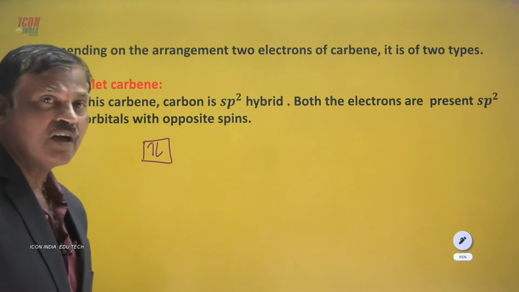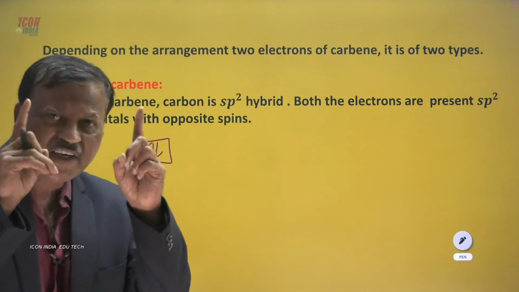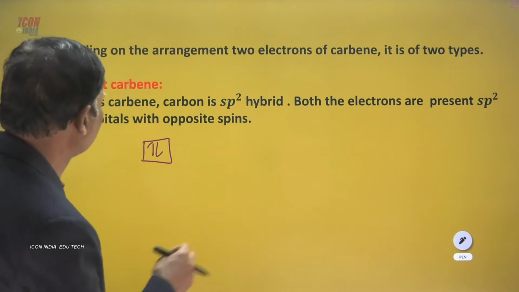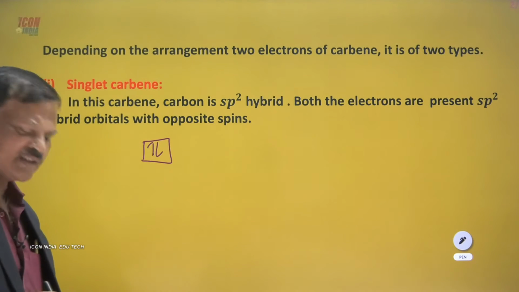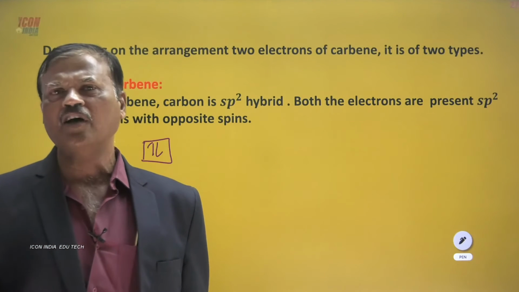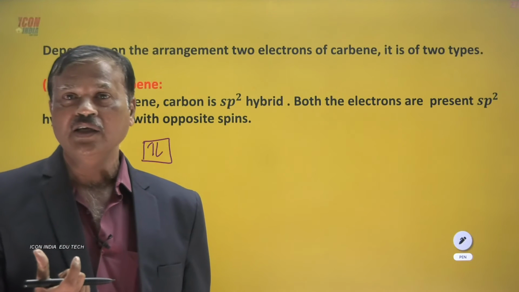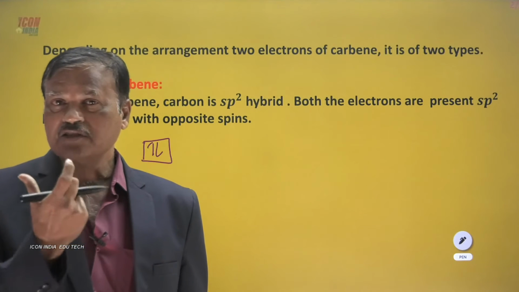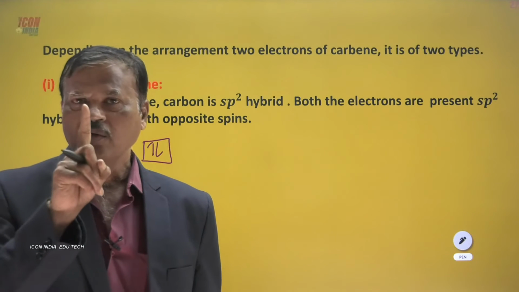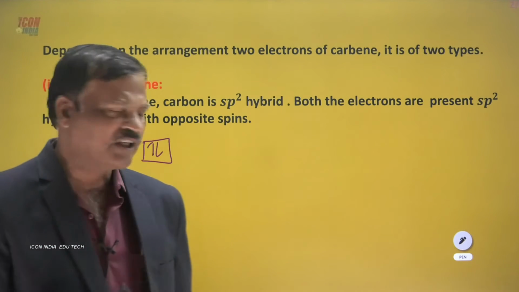Whereas in the triplet carbene, those 2 electrons are present in 2 different orbitals with the same spins. So that is the basic difference. In fact, singlet carbene and triplet carbene are based on the spin multiplicity. When you calculate the spin multiplicity for singlet carbene, you will get the value 1. For triplet carbene, you will get the value 3.